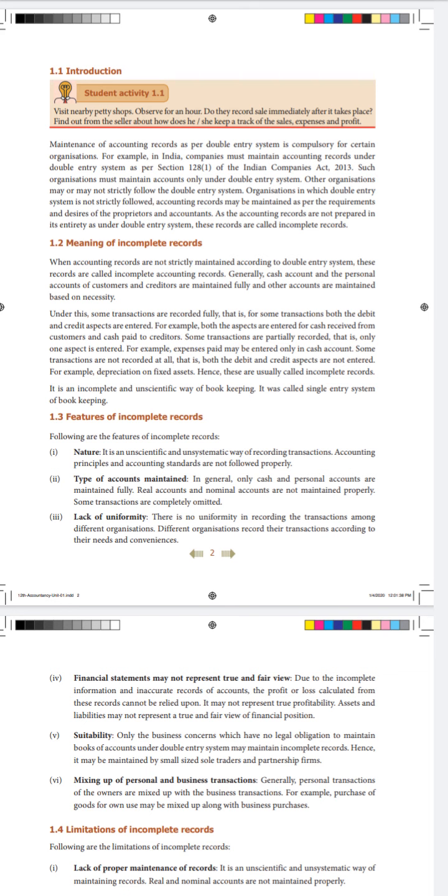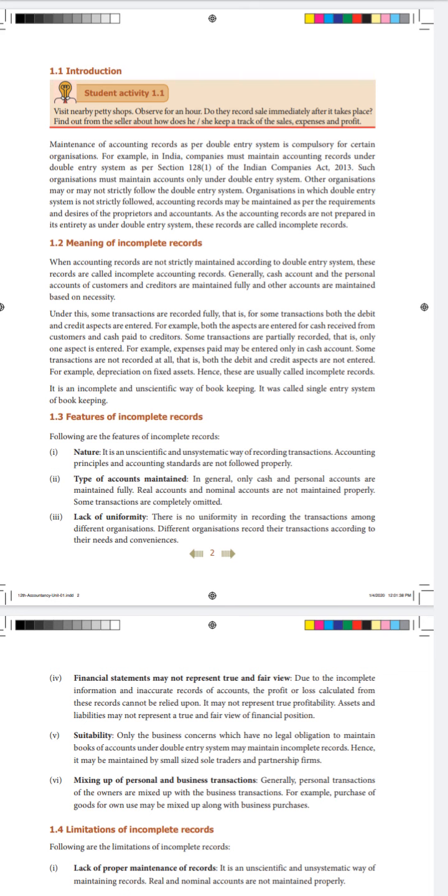Okay, and there are certain transactions wherein both the aspects will be recorded, that is when cash and the personal account appear in a particular transaction, then in that case we'll be entering both the aspects. For example, let's say payment is being made to the supplier.